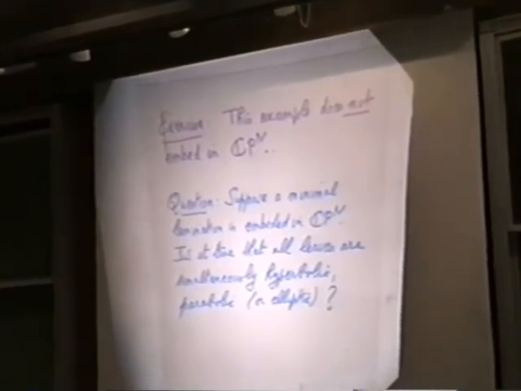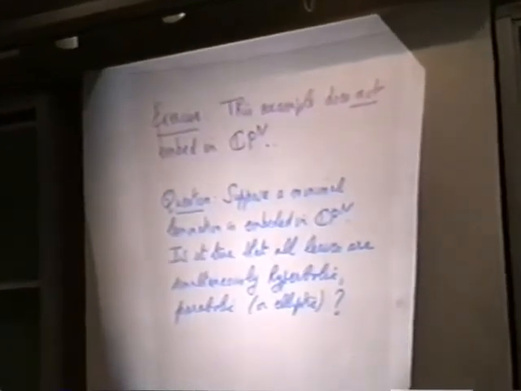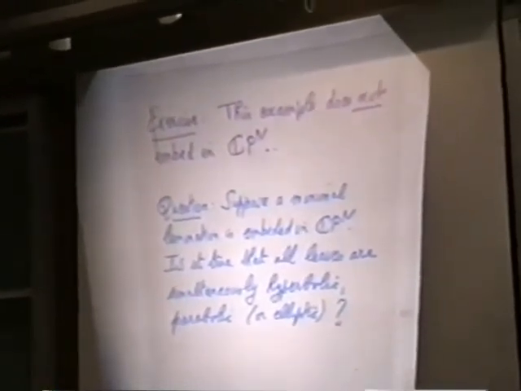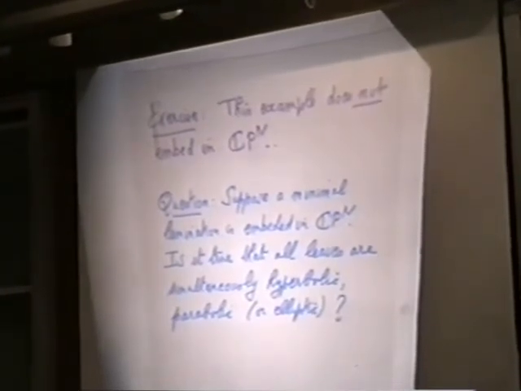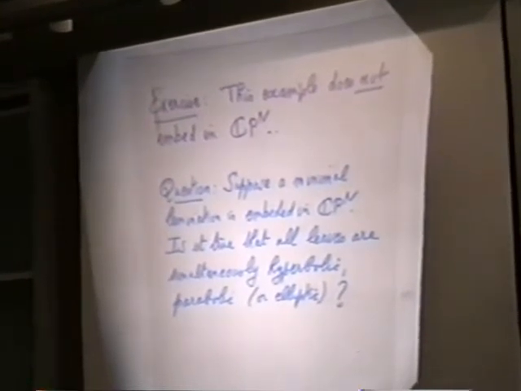So the exercise today is to show that this does not embed in CP^N. Let me give you a hint. The hint of the proof is what Ilyashenko explained to us: holomorphic curves in Kähler manifolds are minimal surfaces.